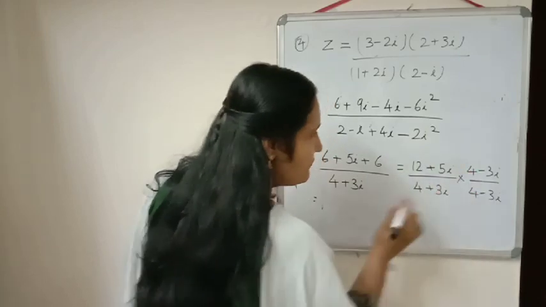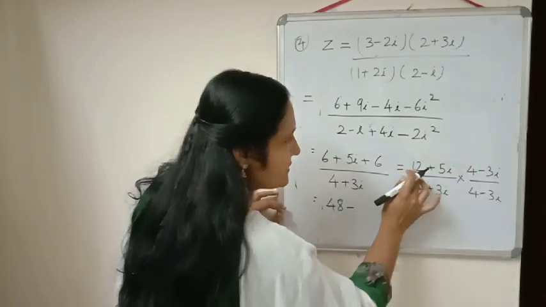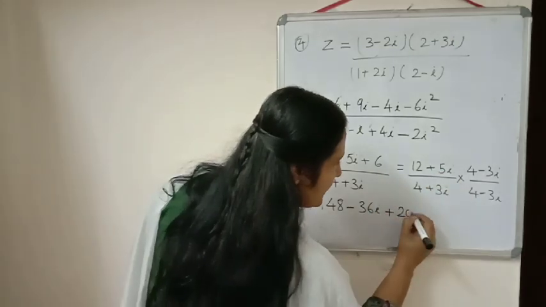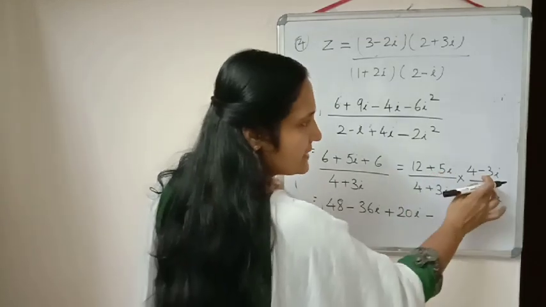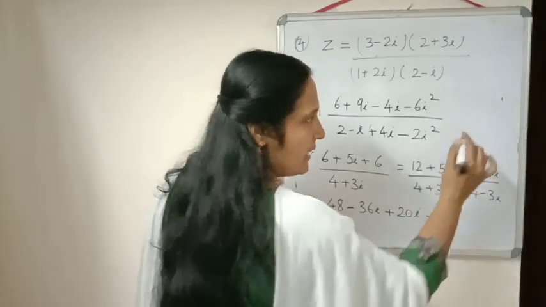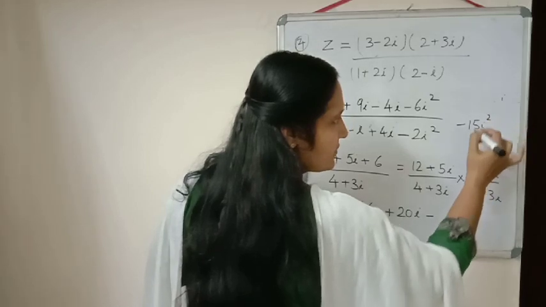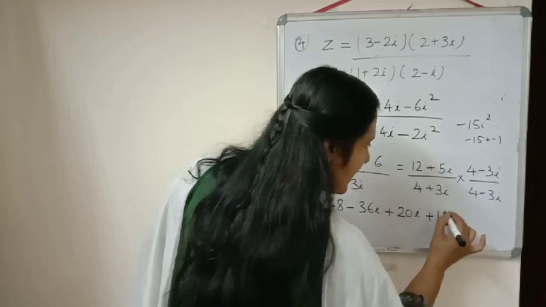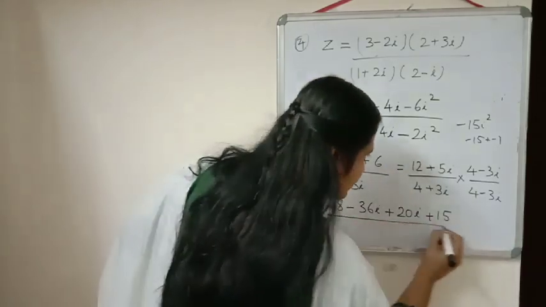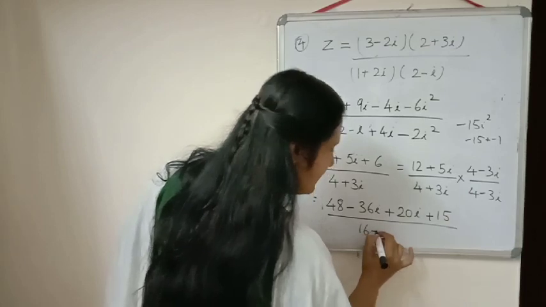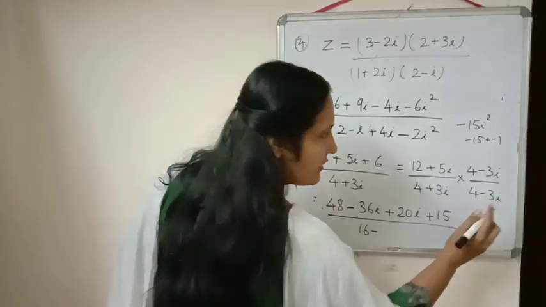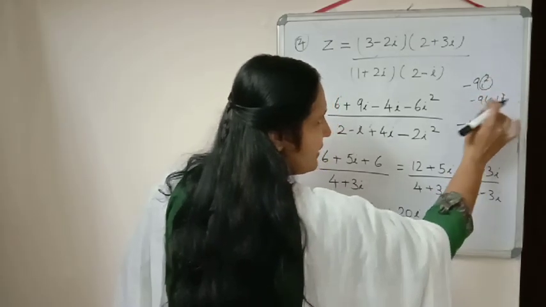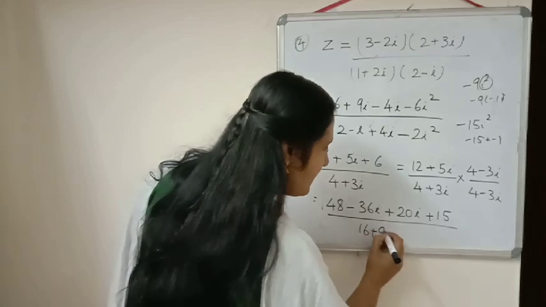So now it will come 12 4s are 48, minus 12 3s are 36i, plus 5 4s are 20i, minus 5 3s are 15i square. Minus 15i square, and i square is equal to minus 1, so minus 15 into minus 1 will become plus 15, by 4 4s are 16 minus 9i square. i square is equal to minus 1, then minus 9 into minus 1 will become plus 9.